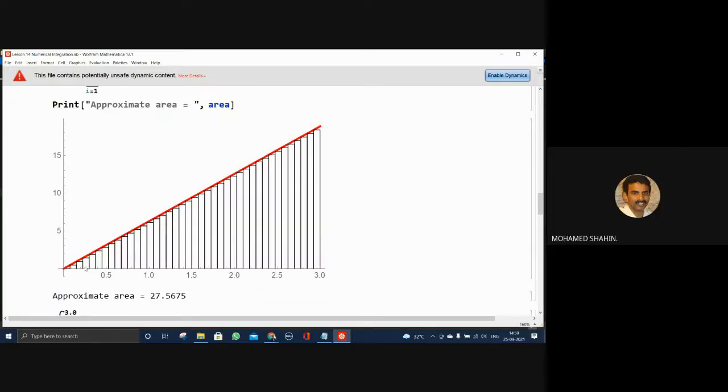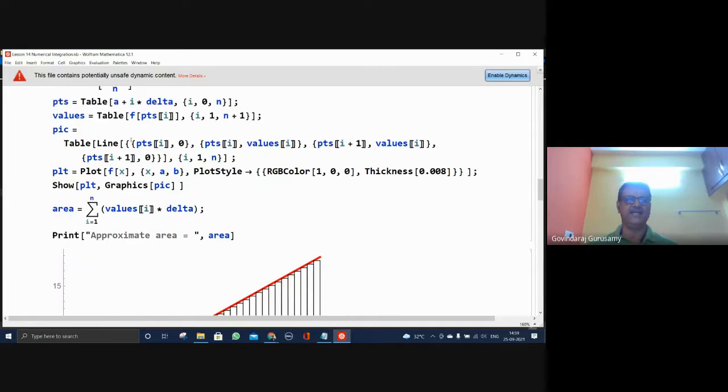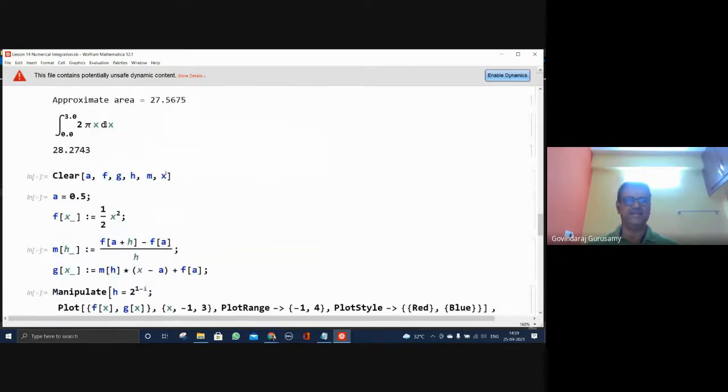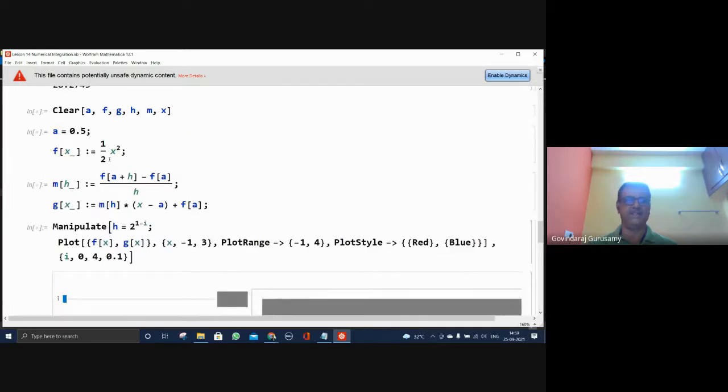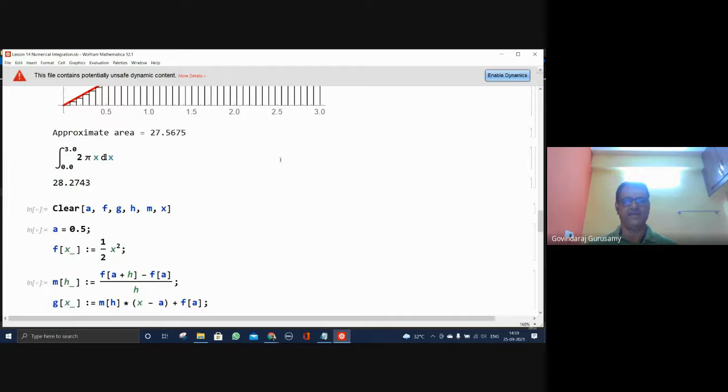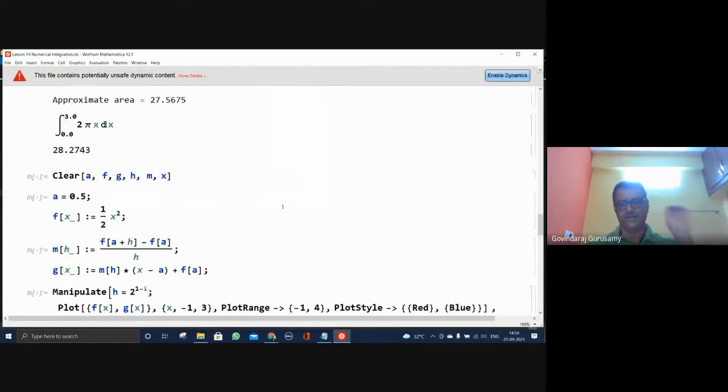Correct? Yes, sir. But its area under that curve is equal to the area of this circle, because the integral of 2 pi x dx is going to be pi x squared, and 0 to 3 is the range. What you get is the area of a circle.